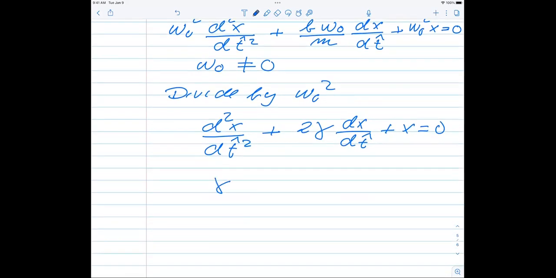And this gamma is by convention given by b divided by the mass divided by omega, and then there's a factor of 2. This factor of 2 is historical, and I don't remember why, but I think it is a factor which historically you will see in this type of equations.